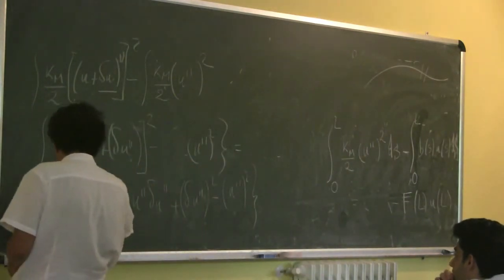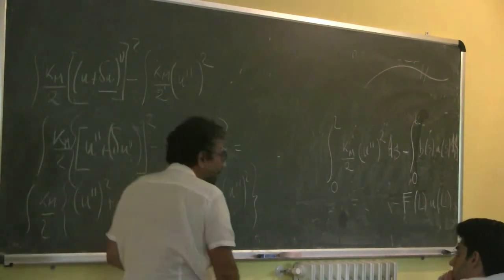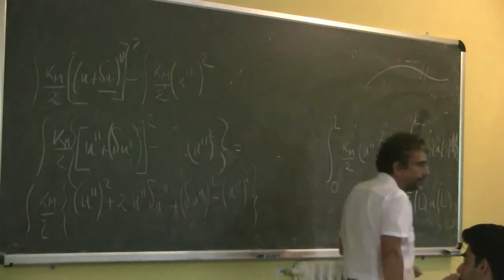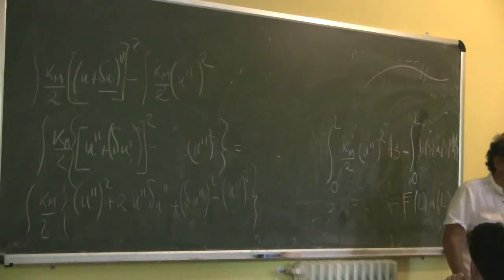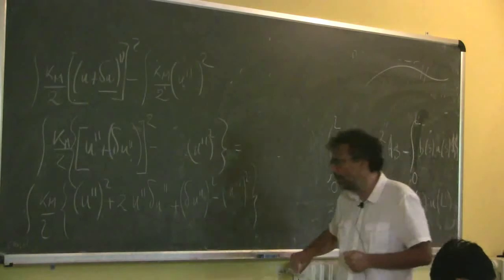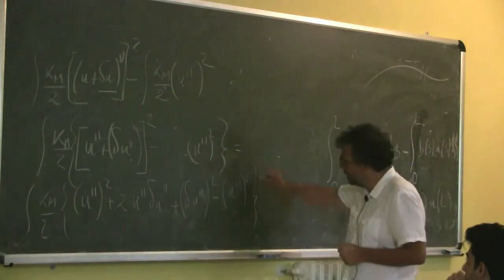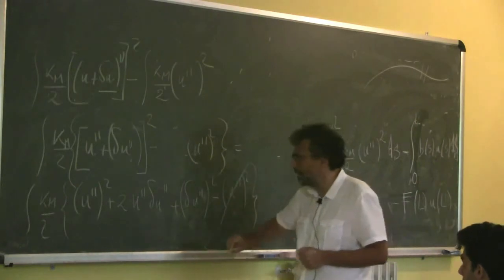Here I have km over 2, and I have the integral. I'm not writing ds. Now this cancels with that.